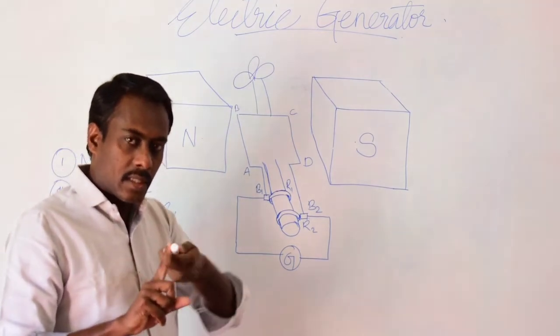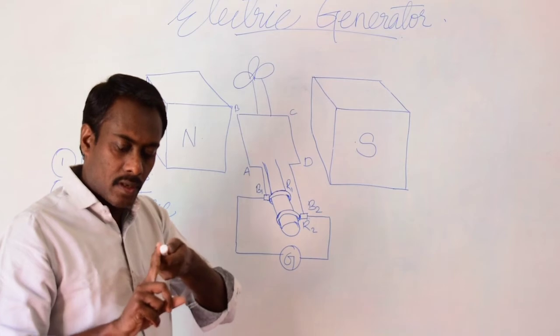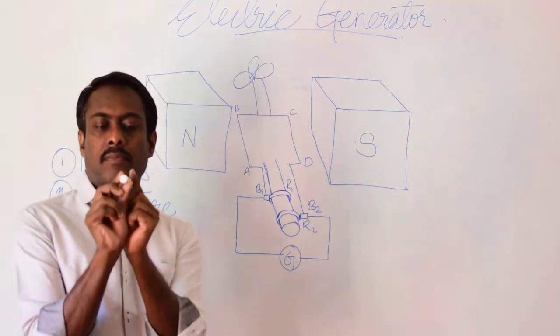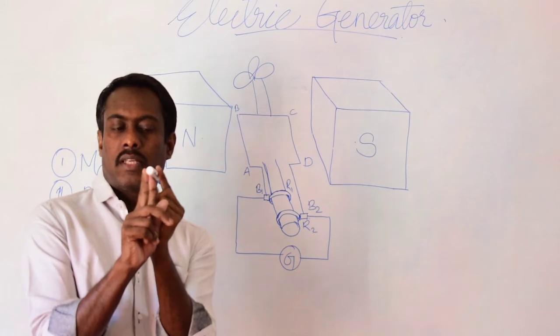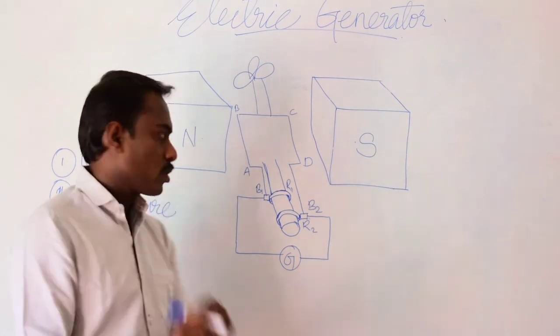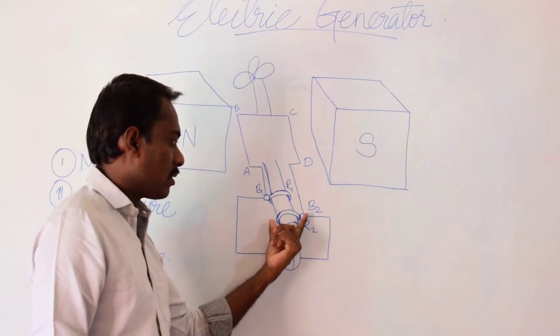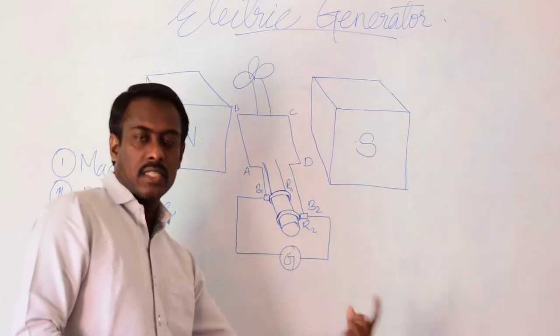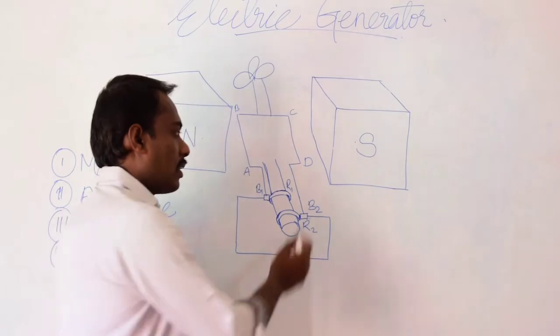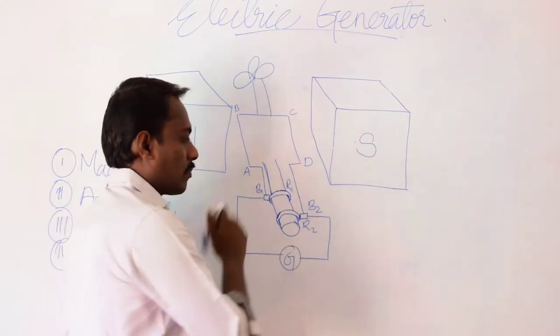As the axle rotates, the brush does not move. The two brushes are pressed, one here, one here. So as it rotates, the brushes do not change their position, so the wire connected to take out the output does not get strangled. So this is how the commutator system functions.